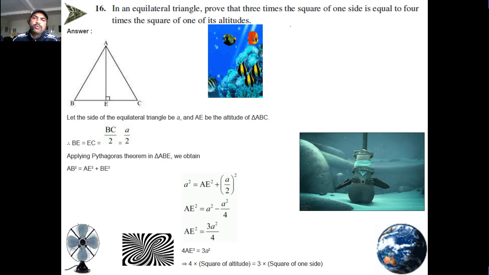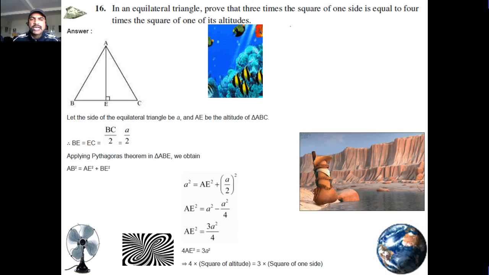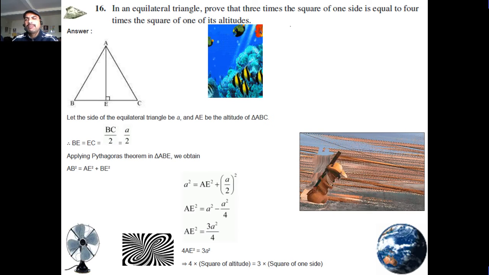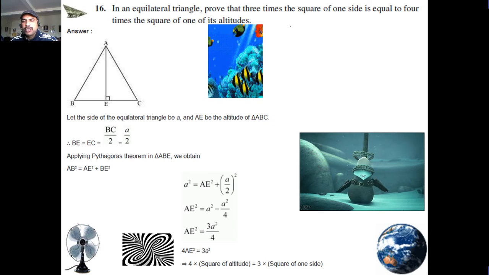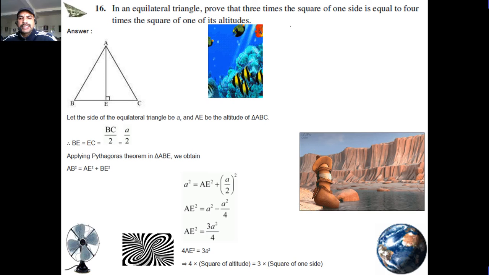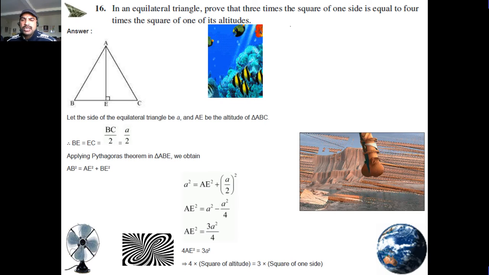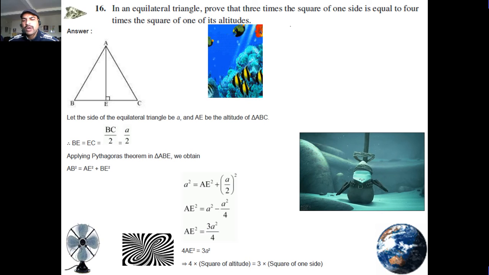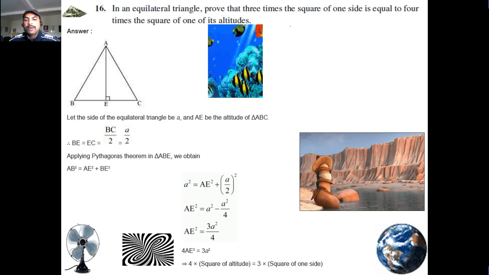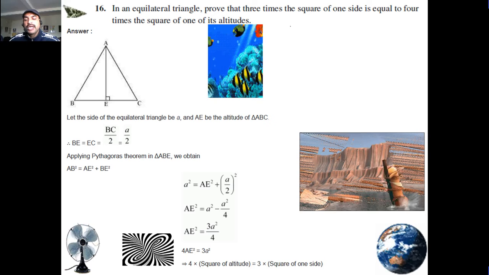In an equilateral triangle, prove that 3 times the square of one side is equal to 4 times the square of one altitude. Triangle is given. BE equals EC equals BC upon 2, a upon 2. Applying the Pythagoras theorem in triangle ABE, we obtain AB square is equal to AE square plus BE square. a square is equal to AE square plus (a upon 2) whole square.